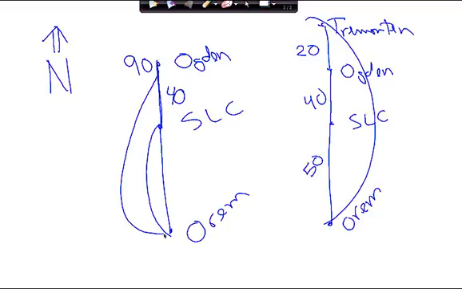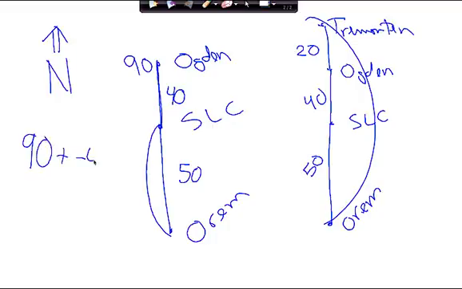So guys, the idea is that in order to figure out this distance, the distance from Orem to Salt Lake, what we've actually done is taken 90 and added negative 40. See what I'm saying? You may be thinking that you're subtracting, but you've got to get comfortable with the idea that what you're actually doing is adding negative numbers.